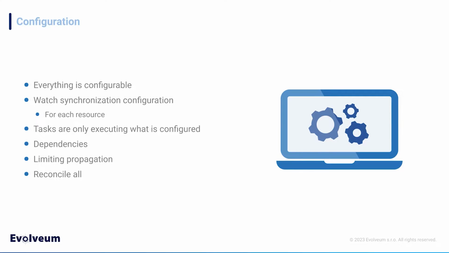And for example, you might have some dependencies. So the task, even if you want to execute it right now, might wait for a dependency. Or there might be dependencies between individual resources. Or for some resources, you might limit the propagation. You may say, okay, I just want to import the accounts now, but I don't want to propagate the changes anywhere. Usually this is not recommended, but sometimes you just need to integrate a new resource very quickly and you cannot afford to wait for all the provisionings.